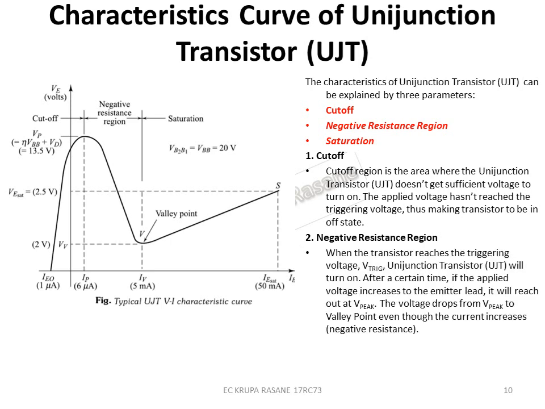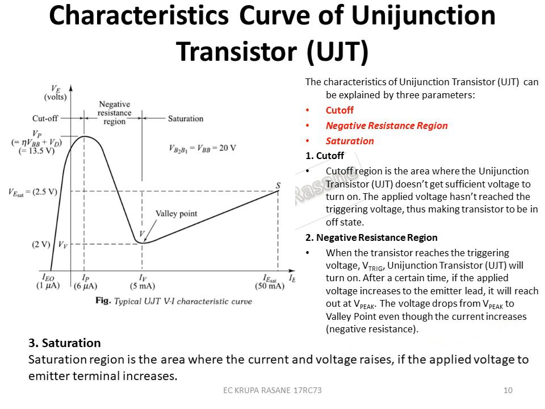Then the negative resistance region is when the transistor reaches the triggering voltage, that is, it reaches the V peak value right here. If the applied voltage to the emitter lead increases, it will reach V peak. The voltage drop from V peak to the valley point, even though the current increases, is the negative resistance region.